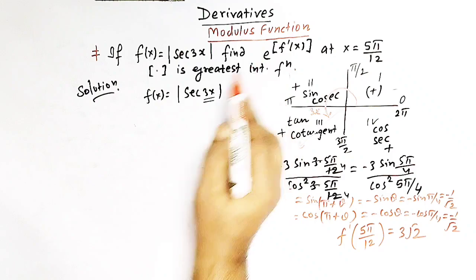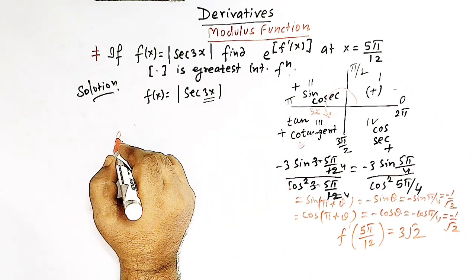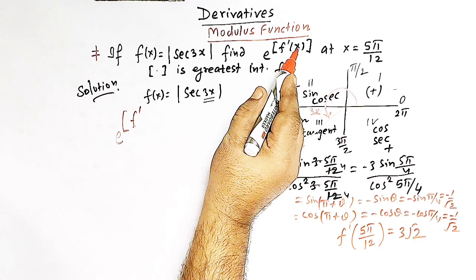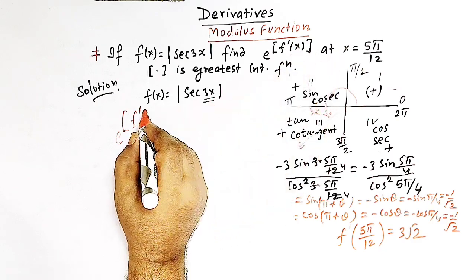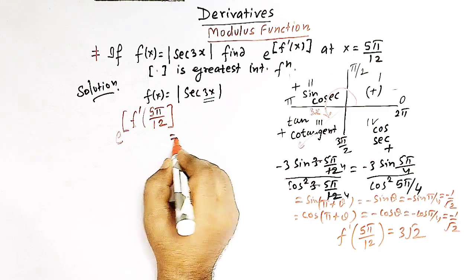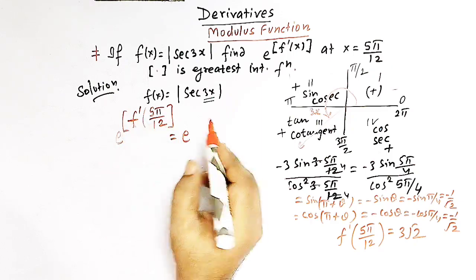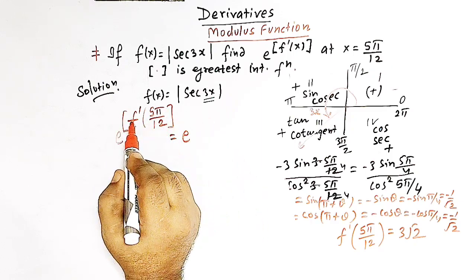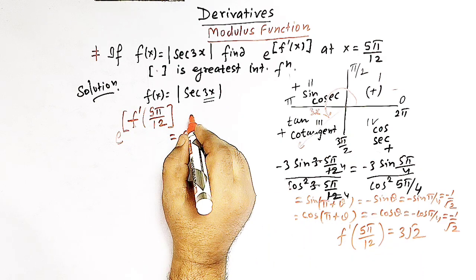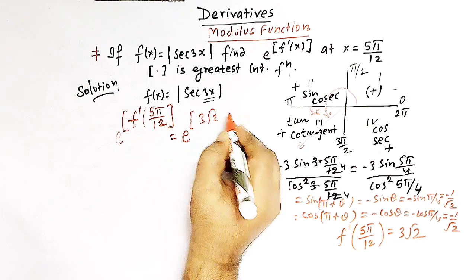So now our aim is to get the value of e raised to greatest integer of f prime of x at this point, that is 5 pi by 12. So we can now write e raised to the greatest integer of f prime of 5 pi by 12. F prime of 5 pi by 12 is 3 root 2.